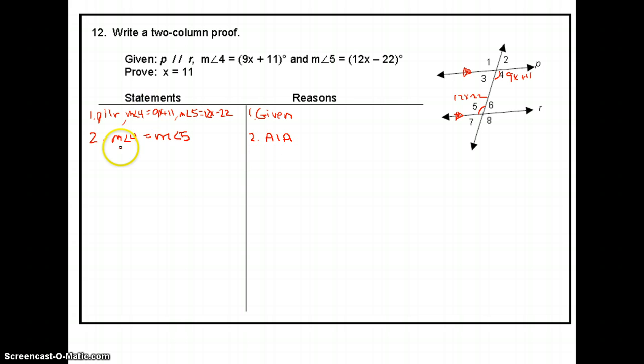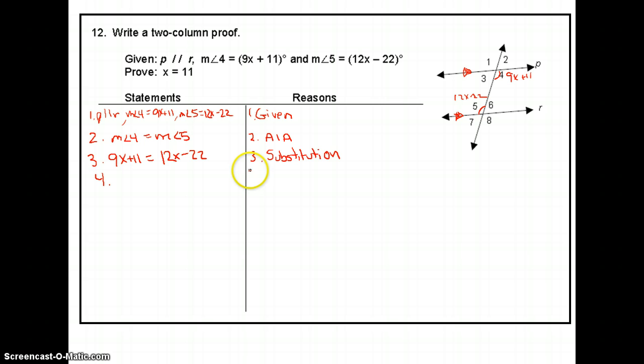Now, from there, we're just going to substitute what we know. So 9x plus 11 must equal 12x minus 22. The reason we can do that is just substitution. Number 4.